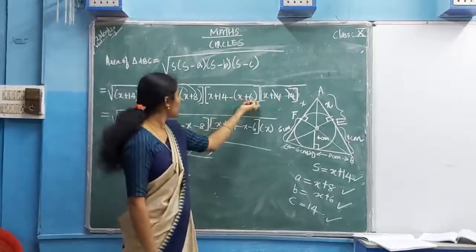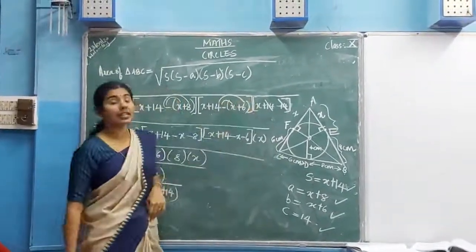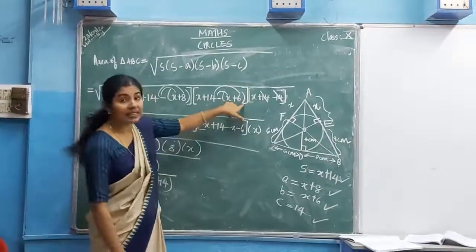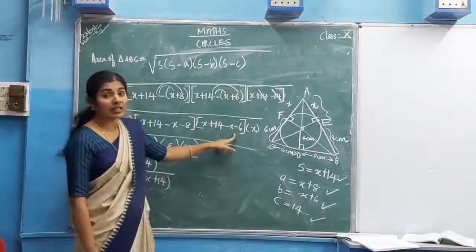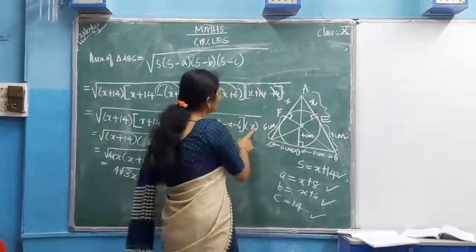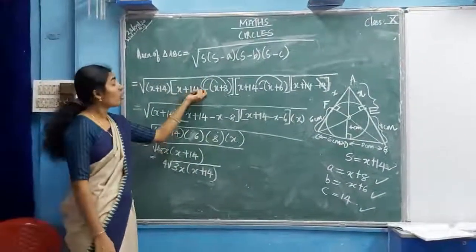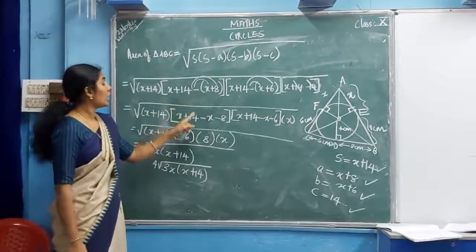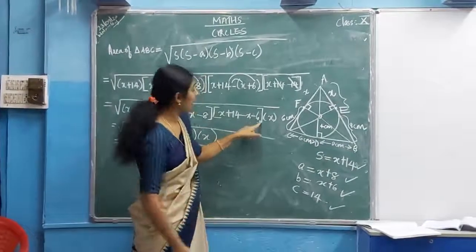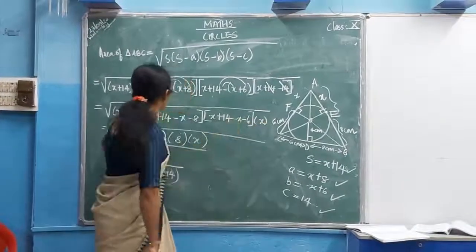When you are opening this bracket, minus you should multiply with each term. Minus of x is minus x. Minus of plus 6 is minus 6. And here in this term only x is remaining. So opening this bracket, you will get minus x minus 8. Here you will get minus x minus 6. In this term only x remains.